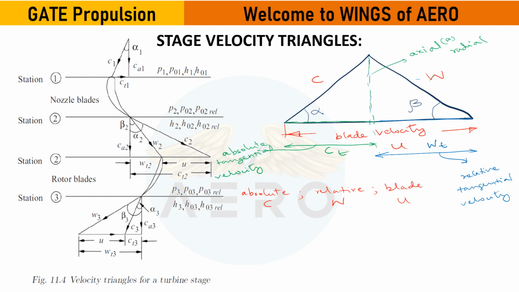This is in the case of centrifugal, and centrifugal has different forms. Based on the beta angle, beta will be 90, or less than 90, or greater than 90. So this is the basic. If you know the basic, from there you can change.